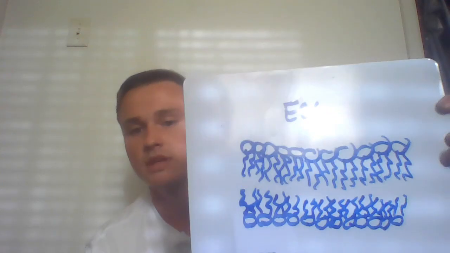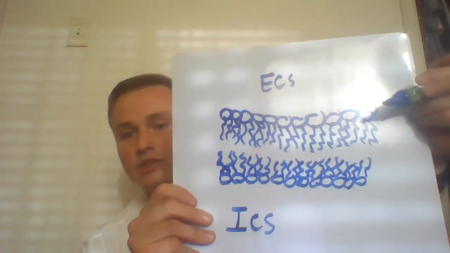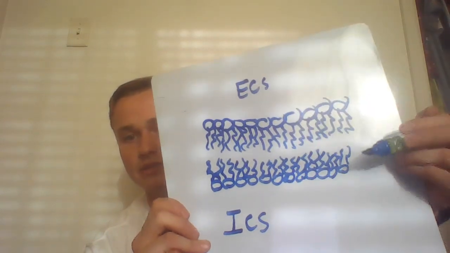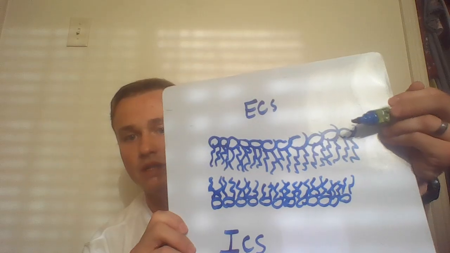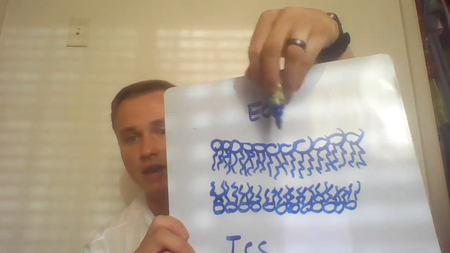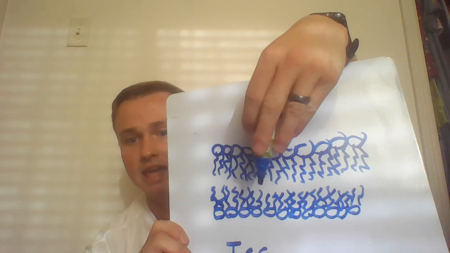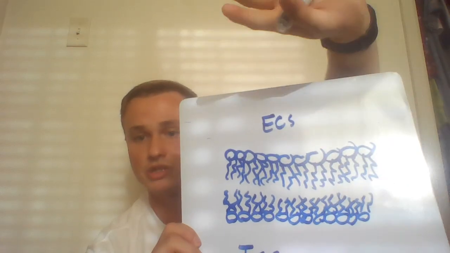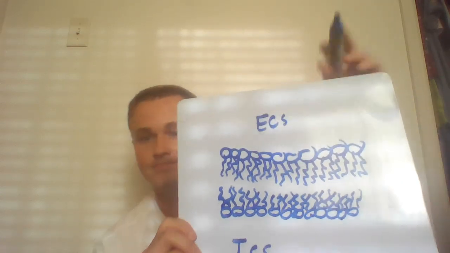So each layer has the phospho part, the phosphates, or the water-loving part, facing on the outside, and the lipid part facing inwards, like so. Here we have the extracellular layer and the intracellular layer. Notice how the phosphate heads are on the outside of both layers, and the tails, which dislike water, push it away, are on the inside.